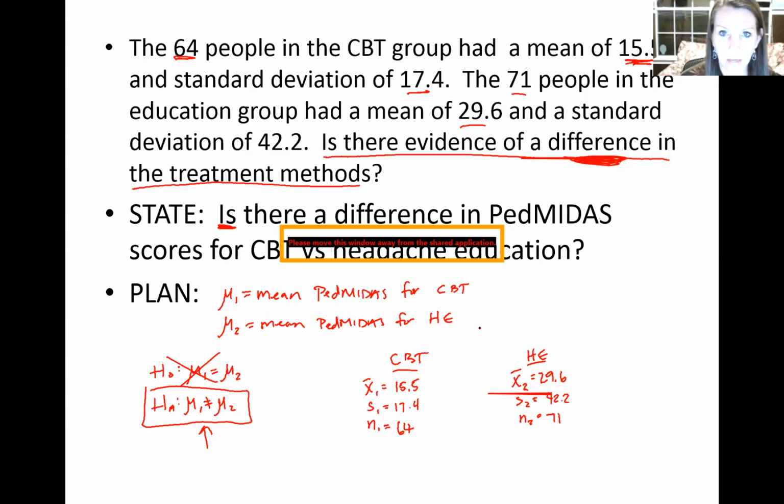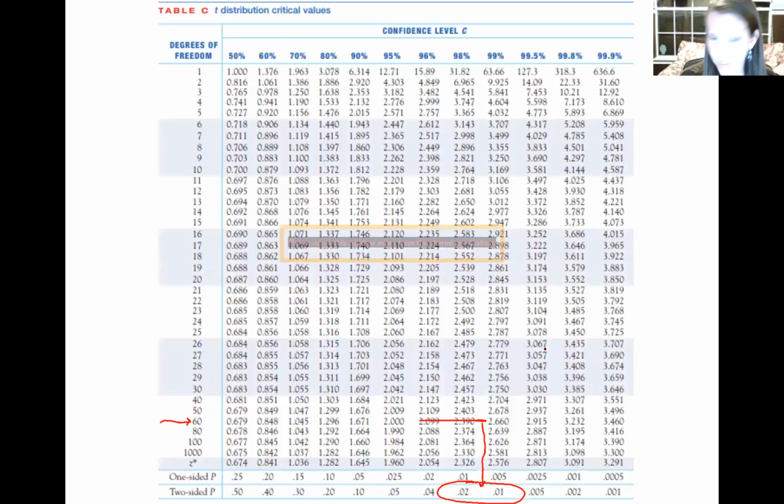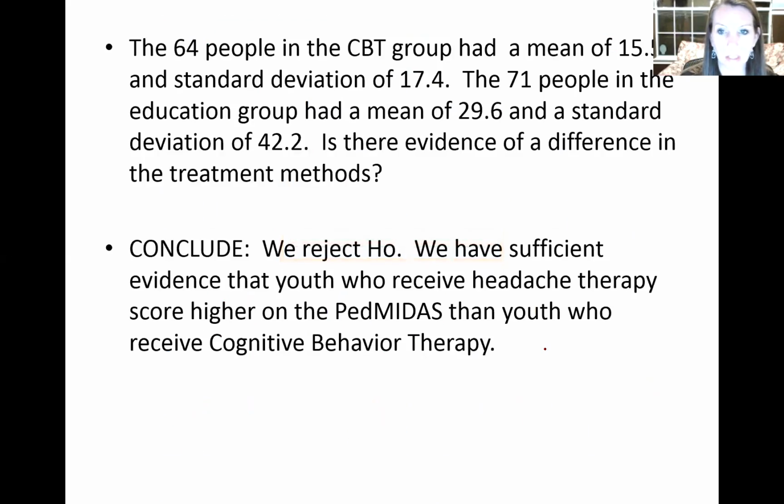And I don't know which one is better, a higher score or a lower score, but based on that, we can tell that you get a higher pedmitis score if you take the headache education classes. So conclusion, we reject H0. We have sufficient evidence that youth who receive the headache therapy score higher on the pedmitis than youth who receive the cognitive behavior therapy.